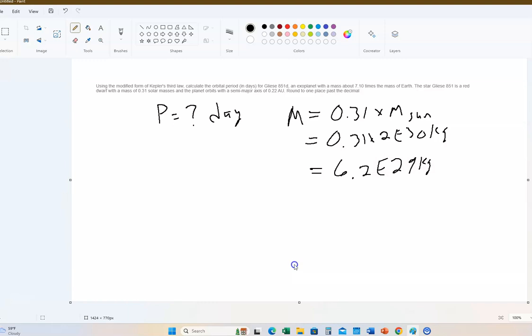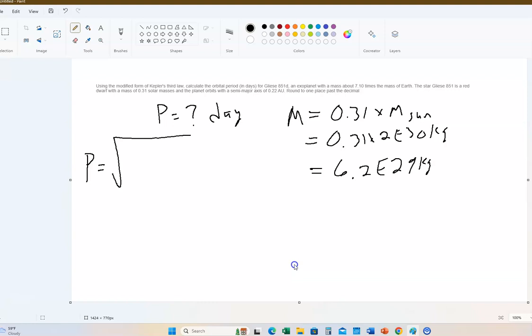All right, so now how are we going to use that? It says to use the modified version of Kepler's third law. Now, if you look on the formula sheet, there is an equation for the period, where the period is equal to the square root of, basically the P and the mass switch places, and then of course you have to take the square root.